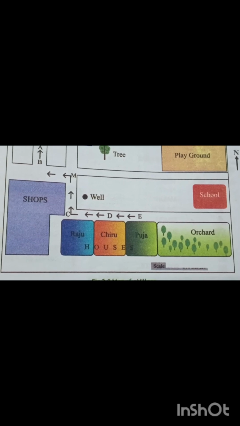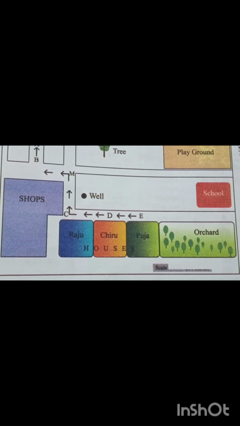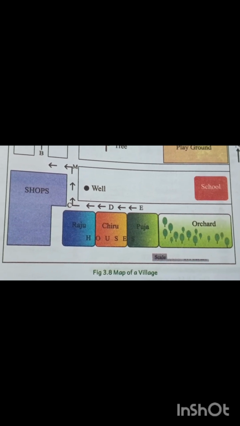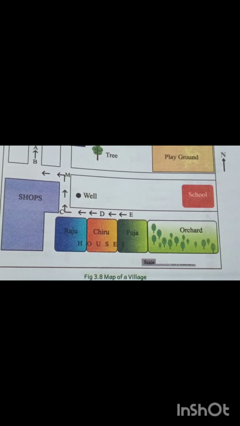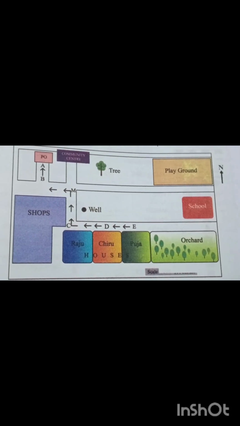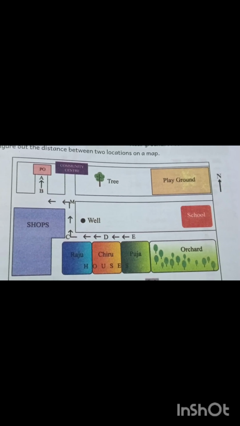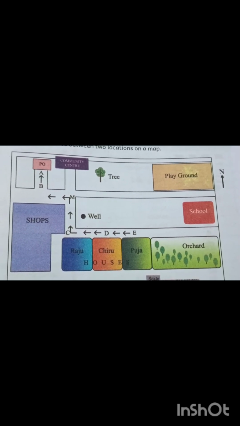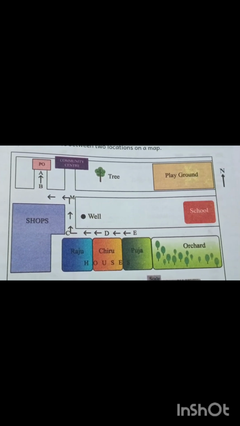That means the garden. All the things we can see in the map, it is a village map. Here, N shows the north direction. That means the top portion of the map always shows the north direction.